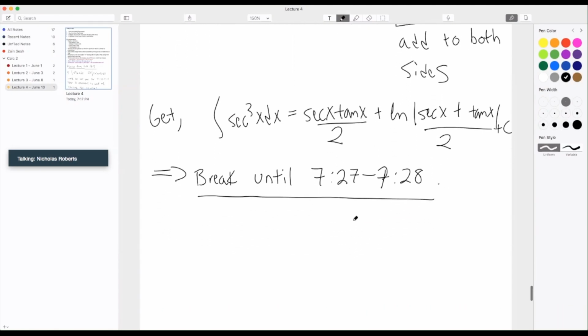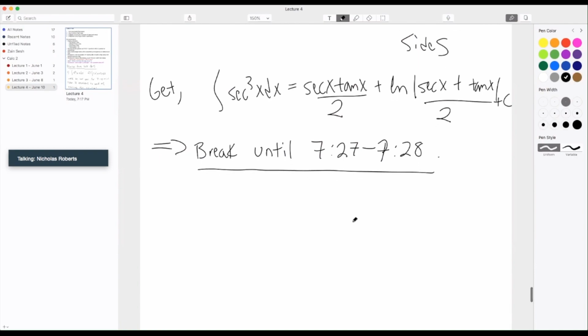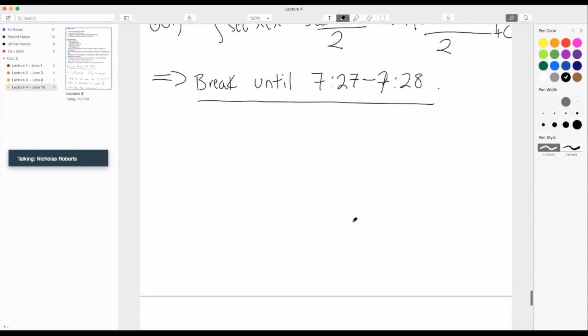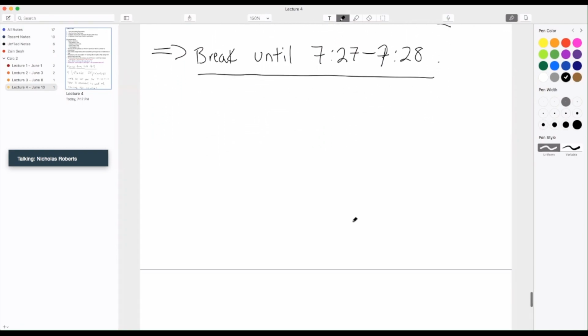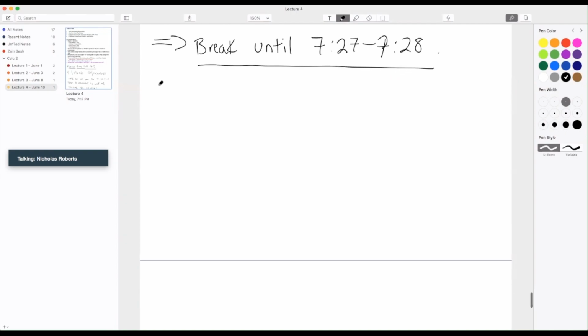Okay, so we will do the final topic of the evening. This is one of my favorite topics. It's a lot of fun. We're going to be doing integration via trigonometric substitution.